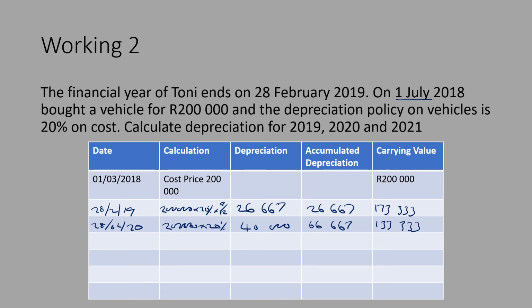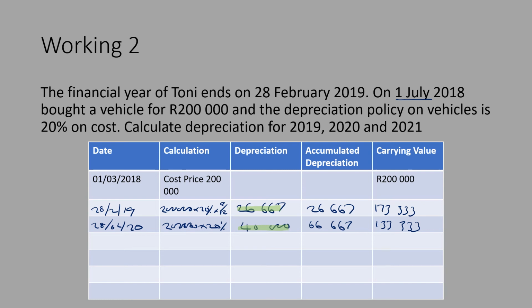What I just wanted to show you was the difference between this and this. The reason is that in the first year that we bought the vehicle, we didn't use it for a full financial year. We used it for only a fraction of the year, so we only charge depreciation for the time that we're using the asset.